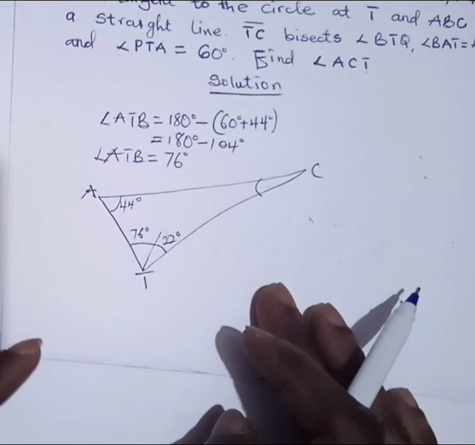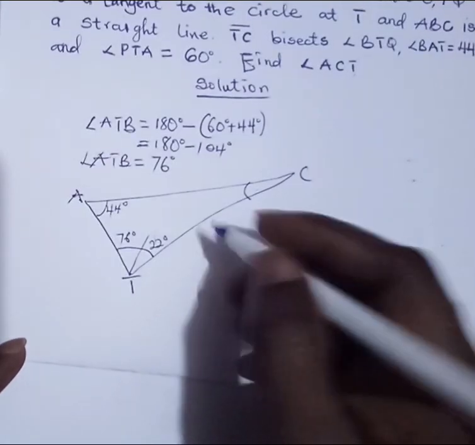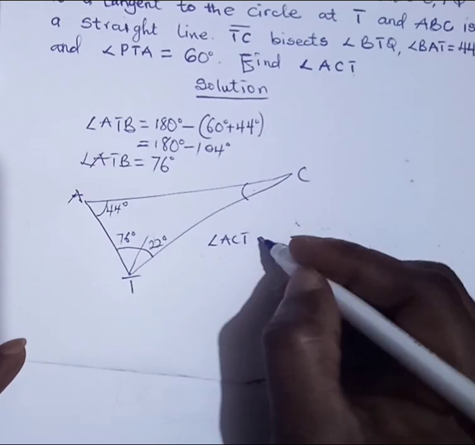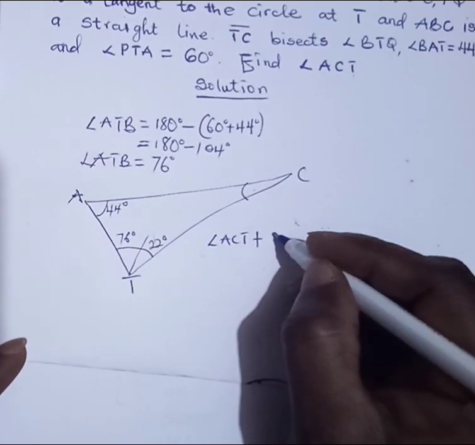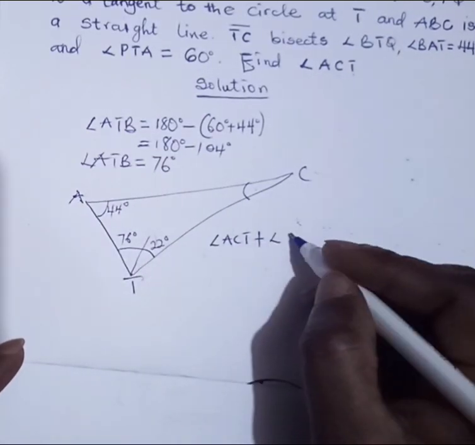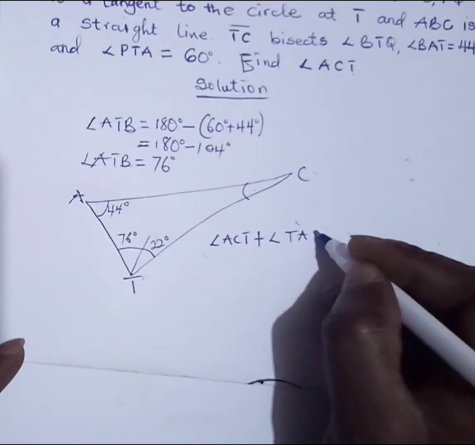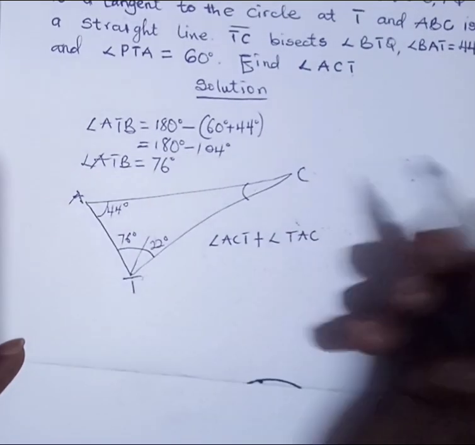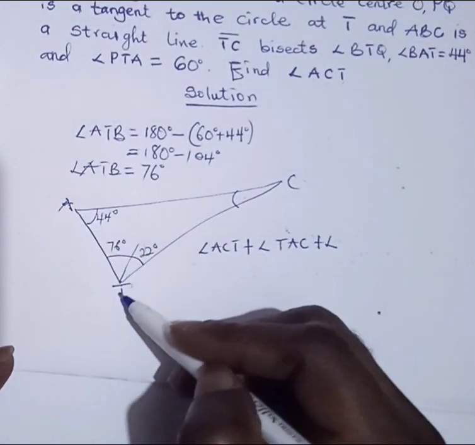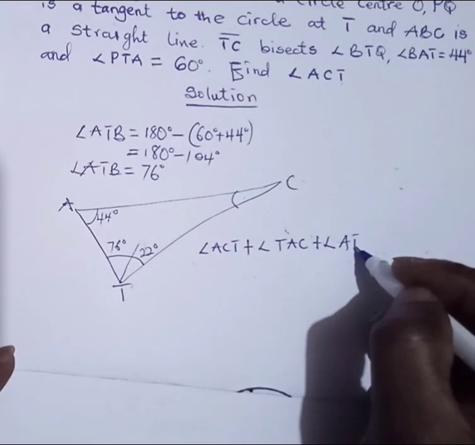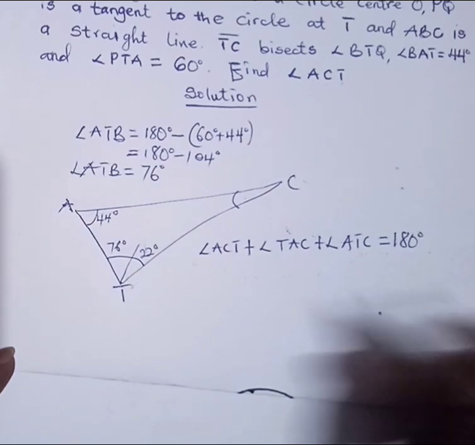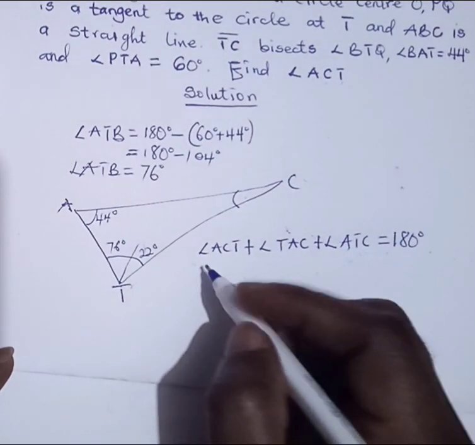So this one, we can quickly write our answer as, so angle ACT plus angle TAC plus angle ATC, which should be equal to what? 180 degrees. Okay, all right.